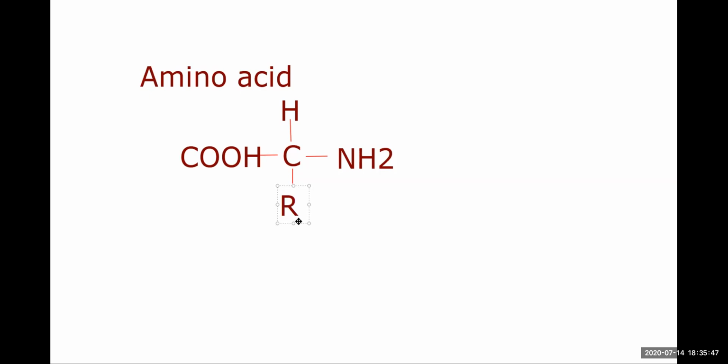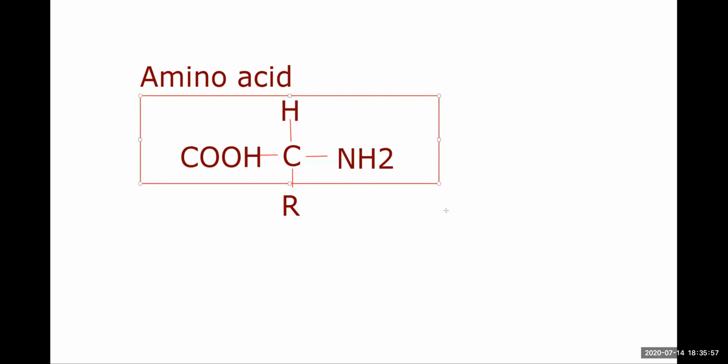What is the R for? 90% of the amino acids have this backbone as their structure. But I mentioned to you that there are 20 different kinds of amino acids.